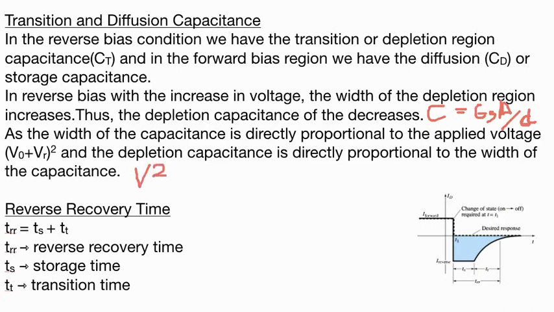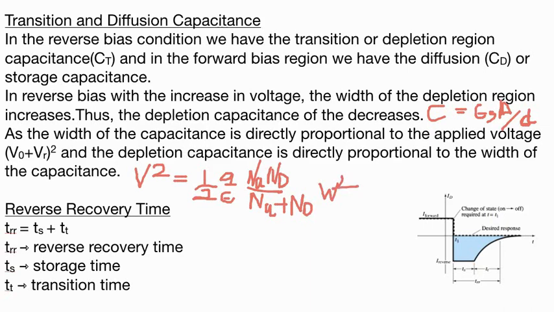This is because earlier we have seen that V squared is equal to 1 by 2 q over epsilon, times N_A N_D over N_A plus N_D, times W squared. Sorry, remove this square.